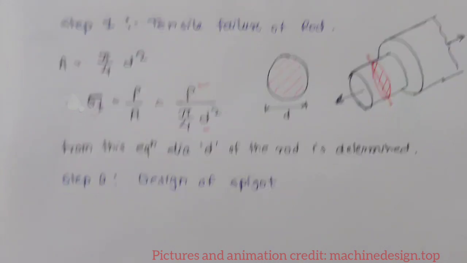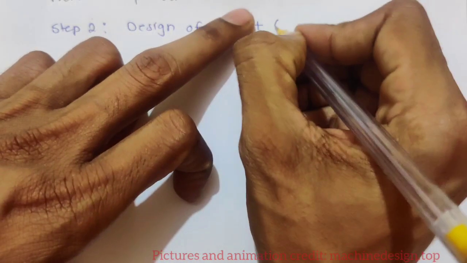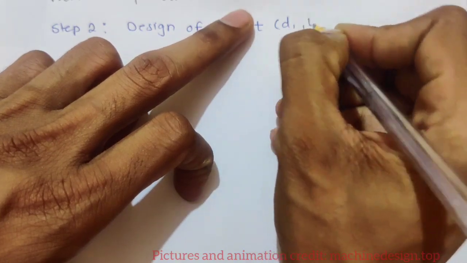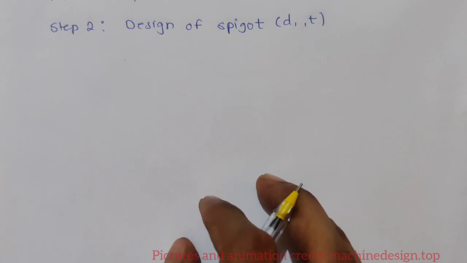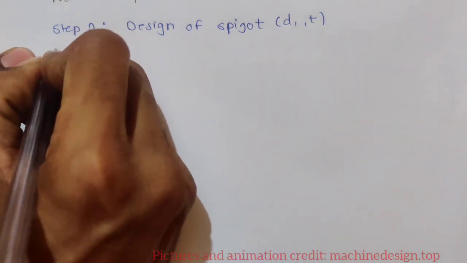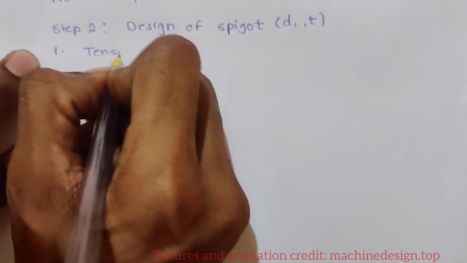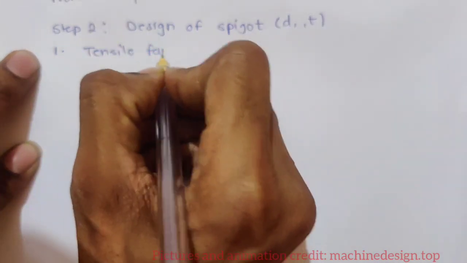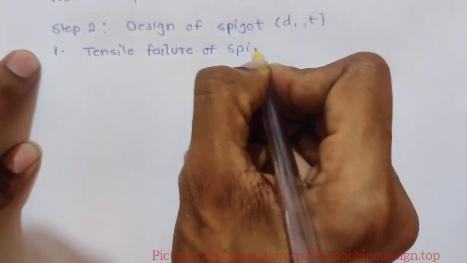So there are only 2 dimensions for design of spigot, that is D1 and T. Okay. Now first is tensile failure of spigot.